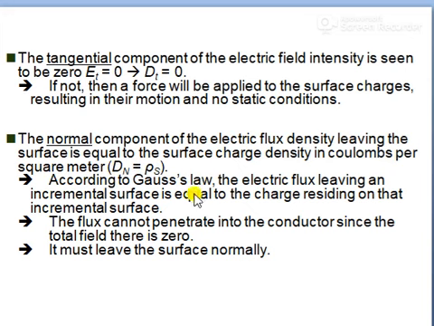According to Gauss law, the electric flux leaving an incremental surface is equal to the charge residing on that incremental surface. Hence the flux cannot penetrate into the conductor since the total field there is 0. So it must leave the surface normally, right? It is not going to penetrate inside the conductor, right?